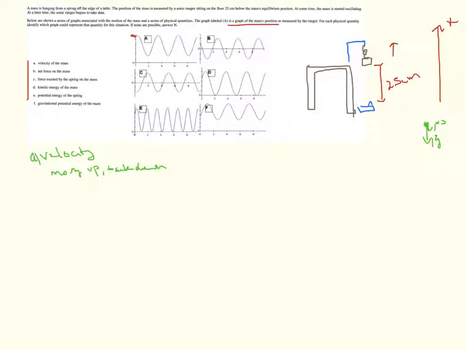So when it's coming back down, the force of the spring is with it until the point where it crosses equilibrium, and so that means it should be speeding up until the point where it crosses equilibrium. And equilibrium in this graph is going to be somewhere in the middle here, because we know that it's never actually going to reach the sonic ranger, so it's never going to cross 0.